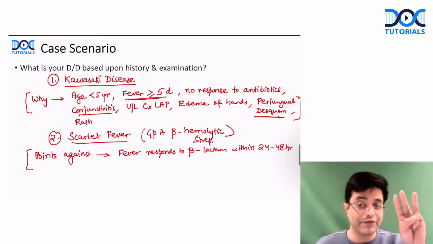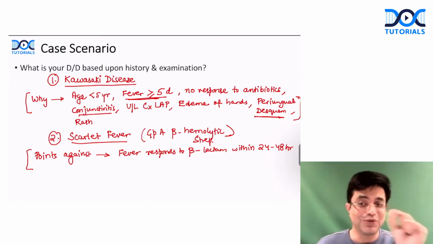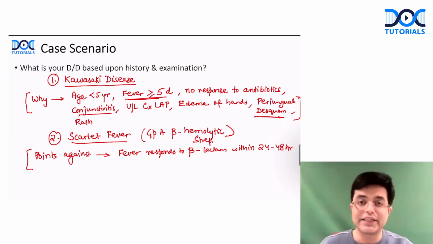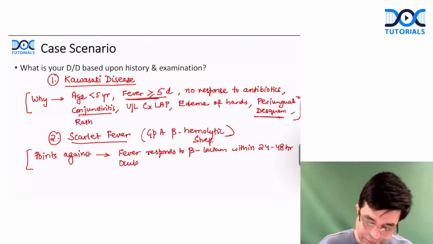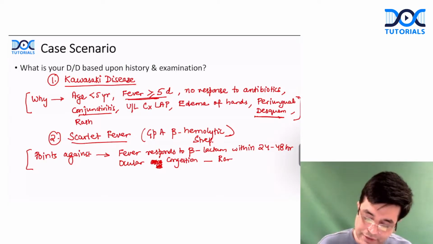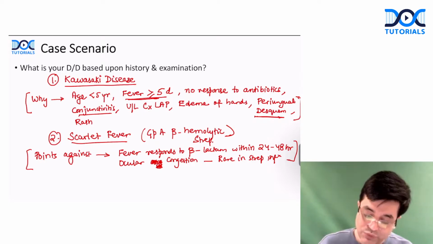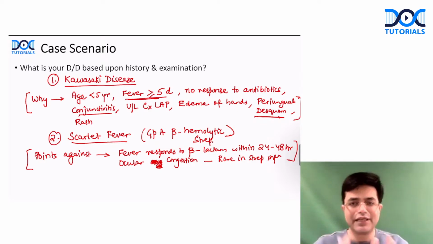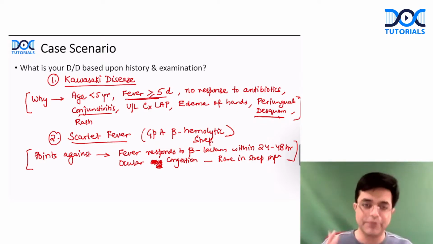Here, almost 3 days of antibiotics have been given and there is no response to fever. That is a point against. Secondly, Nelson also says that ocular congestion, that is conjunctivitis-like features, is rare in streptococcal infection, but it is present in this patient. So that is why scarlet fever is a possibility, but it is not the most likely possibility.